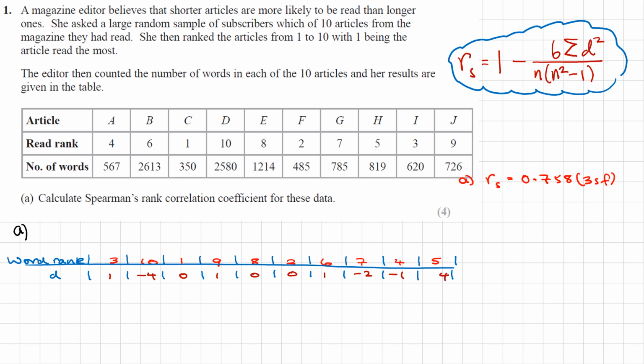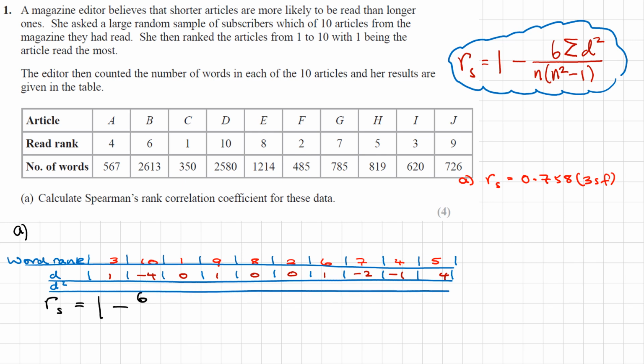So now I can calculate my Spearman's rank, r sub s, which is going to be 1 minus 6 times the sum of all these differences squared. So I will add a difference squared row. You don't need to. The numbers are easy enough to work out manually, but I'll just add it in so that it makes it really clear exactly what we're doing.